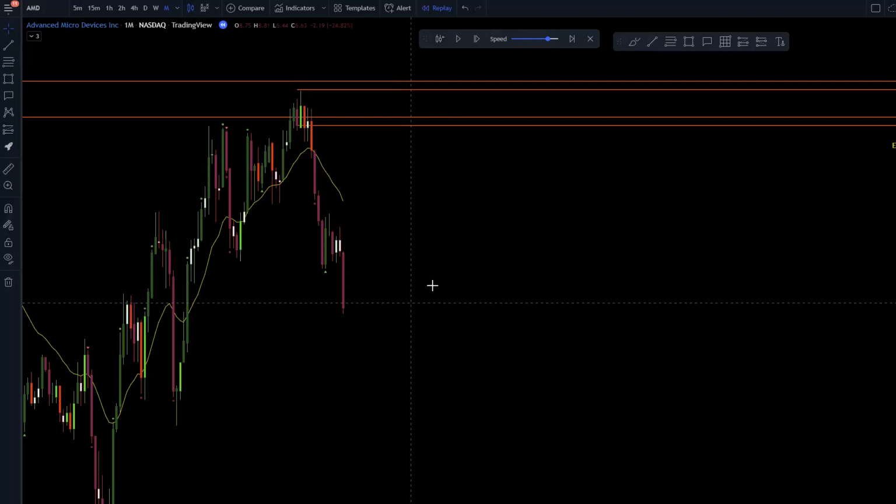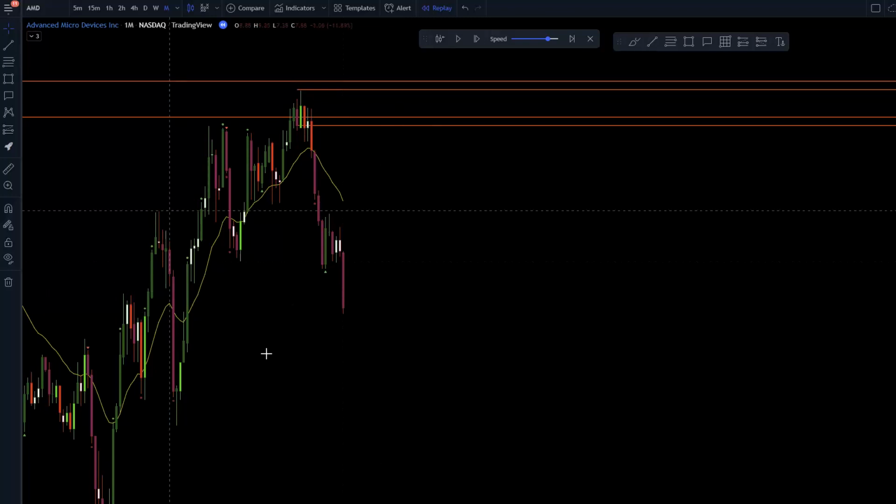We have a downtrend. Let's see if we can short a few things.